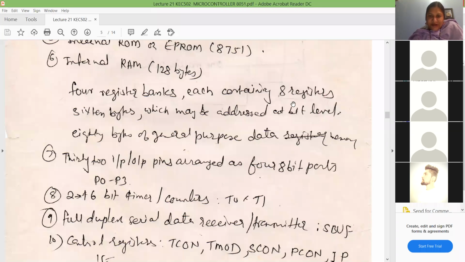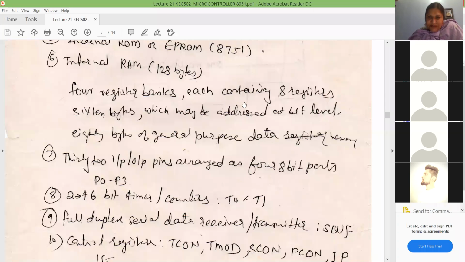And apart from this 32, the remaining area is how much? 96 bytes. Yes, 96 bytes. Out of this remaining 96 bytes area, 16 bytes are bit addressable.